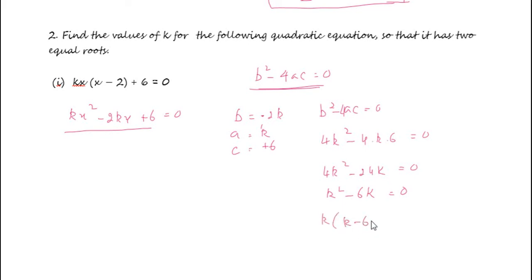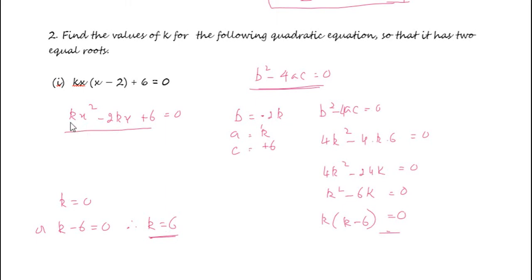K minus 6 equal to 0. Now from this, either k equal to 0 or k minus 6 equal to 0. Therefore k equal to 6. So the values of k are 0 and 6.